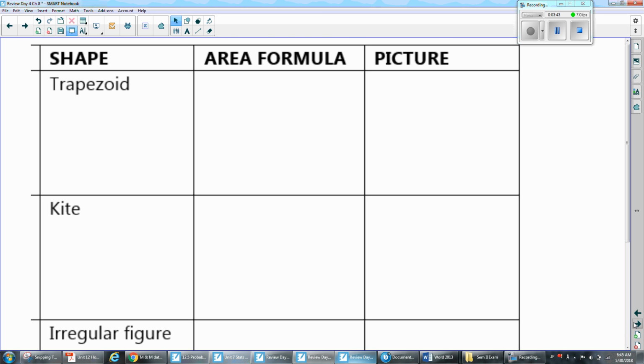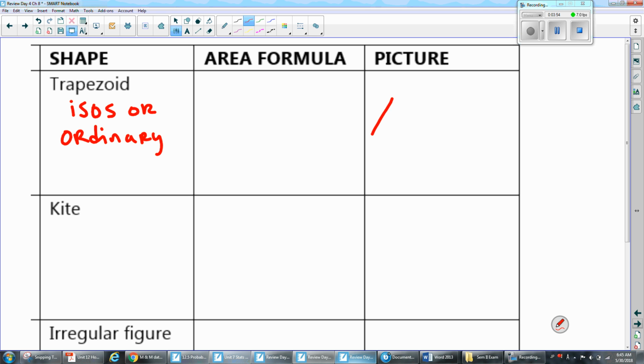When we talk about a trapezoid, it doesn't matter if isosceles or ordinary. This will work for either kind of trapezoid. So if this is our trapezoid, remember your parallel sides are your bases. So here's my base 1, base 2.